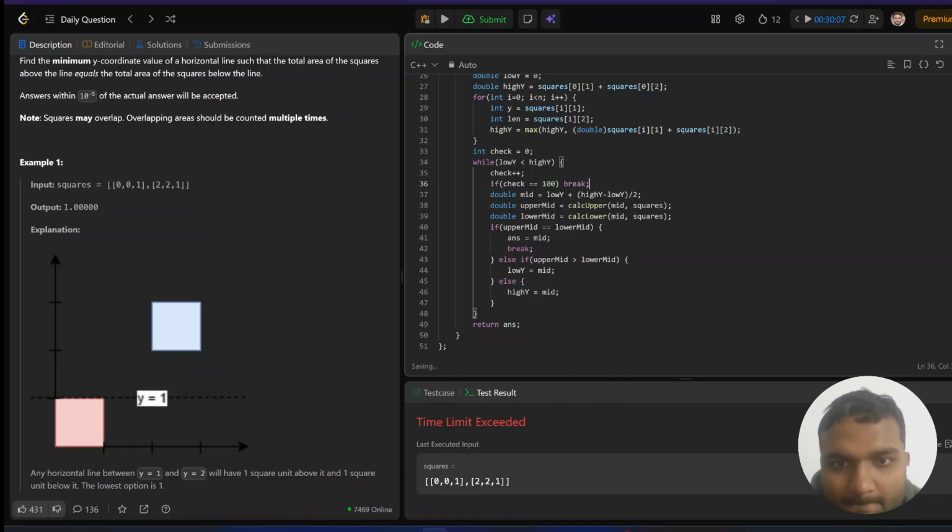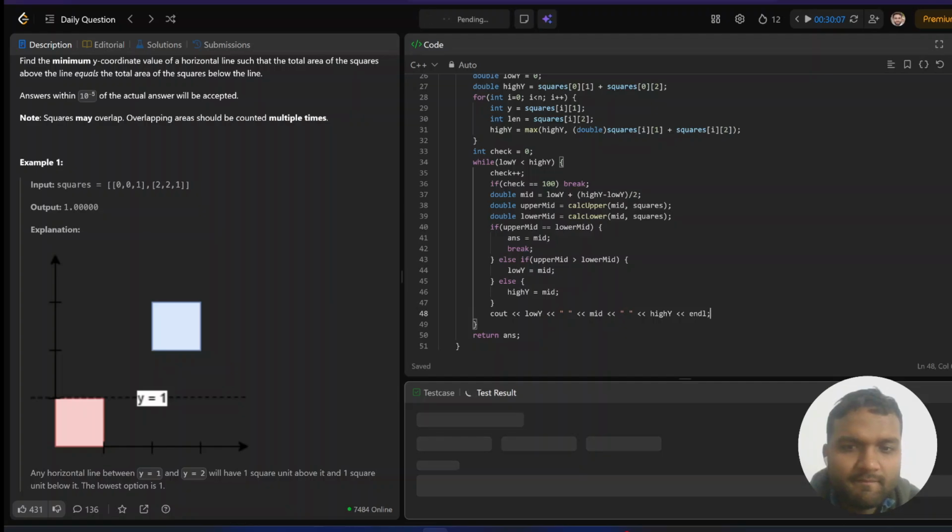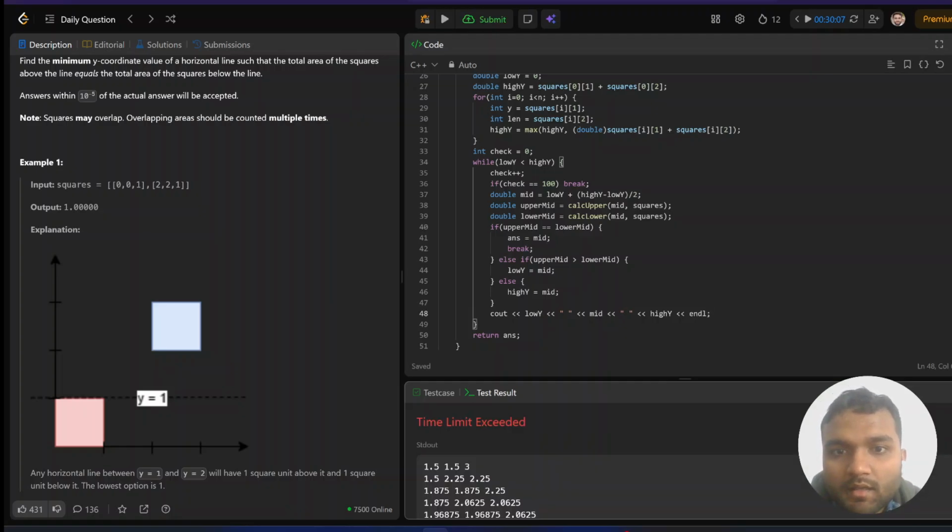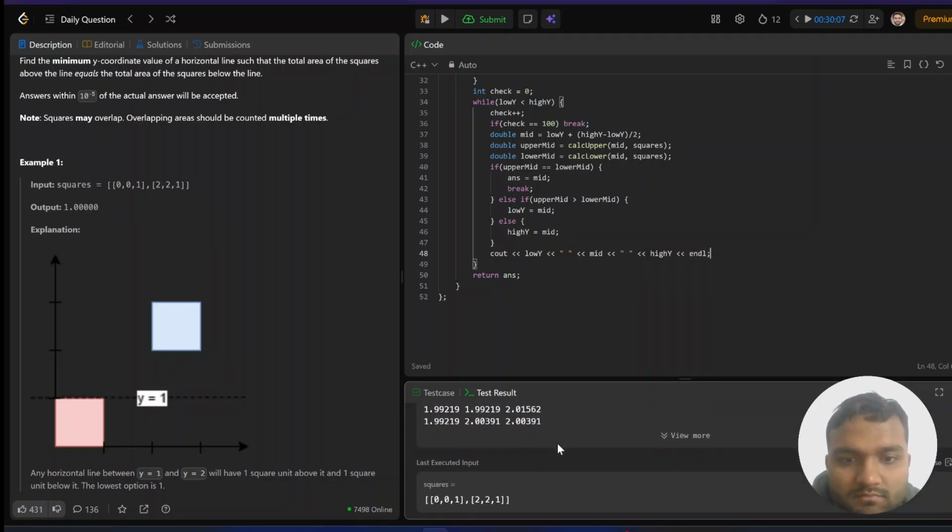After every turn, print out low I, mid, high Y, and endl. Again we got TLE, man.